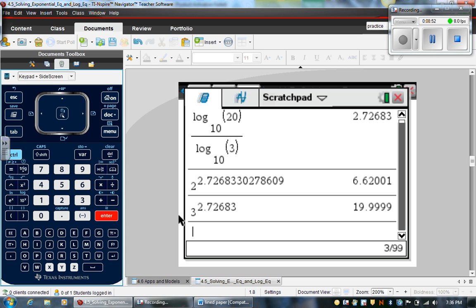I see that it's approximately 20. So that's a nice, quick, easy way for you to check.